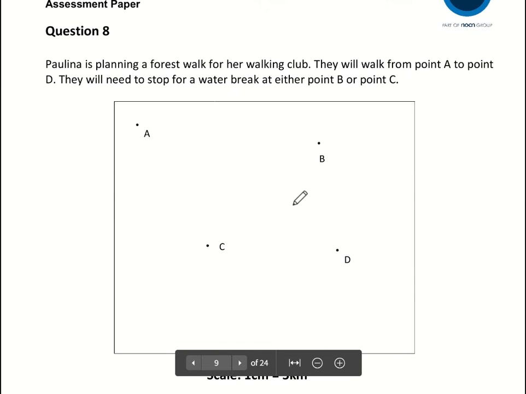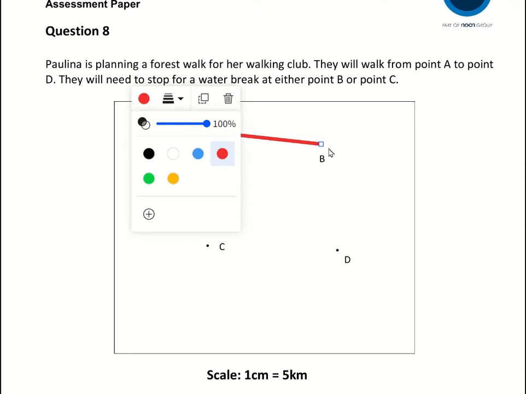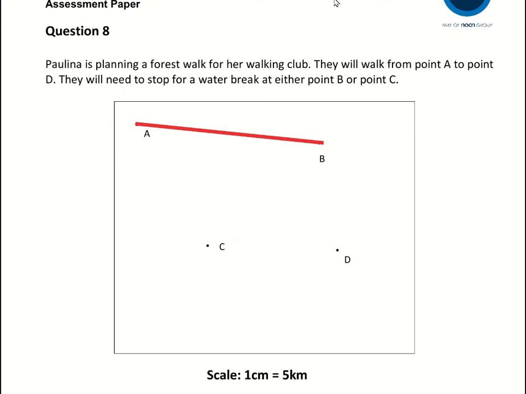Part B. Okay, so what we need to do here is just first of all draw a straight line from A to B, and then again from B to C. Let's do another line, B to D rather, sorry.